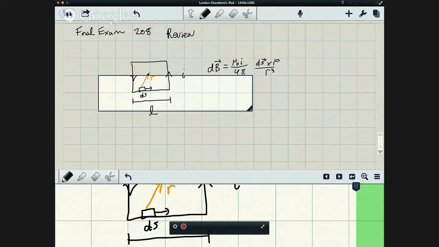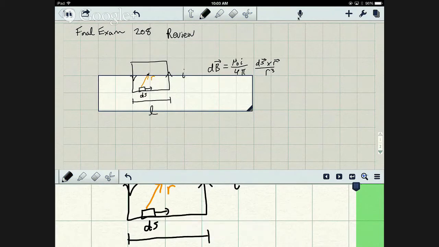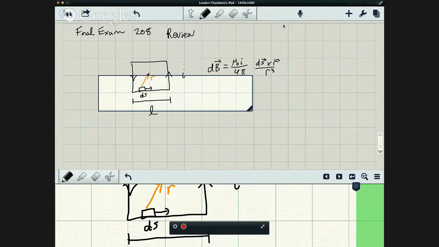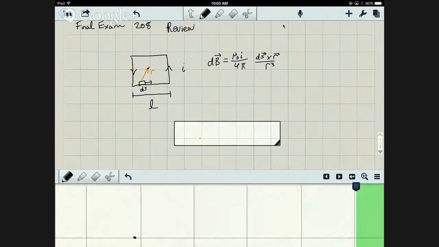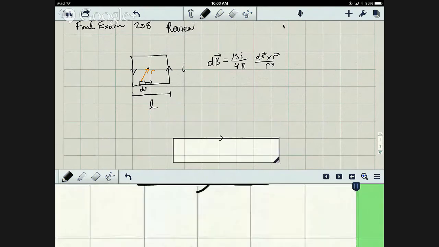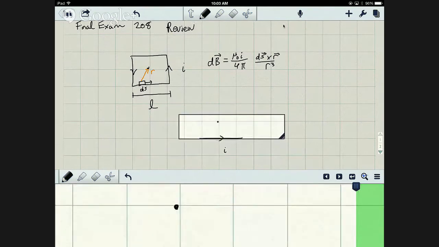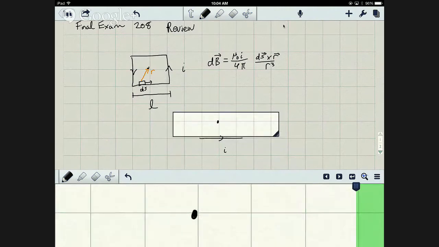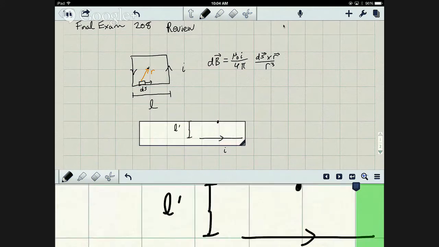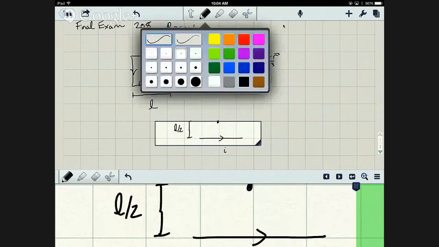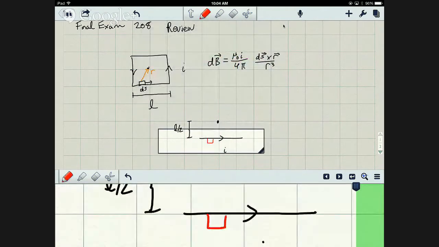Now because this problem is made up of 4 pieces of wire, what we're essentially going to do is split it up into 4 little sections. So we're going to have a section here with a current I, and here is the part where we're calculating the magnetic field at a perpendicular distance L over 2 away. Let's draw our ds vector here, going this way, and our r vector is going up.